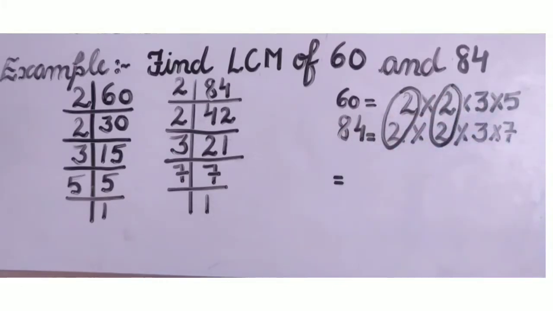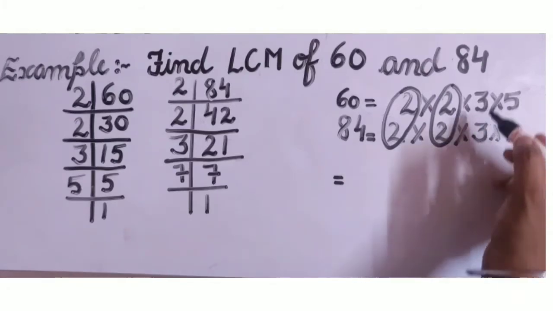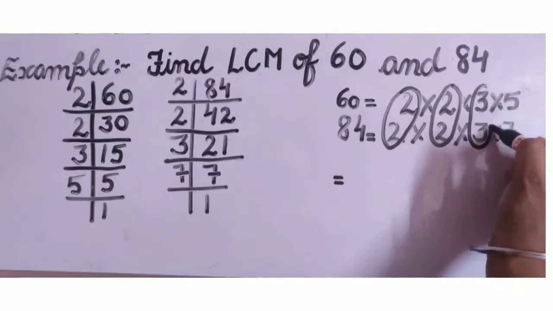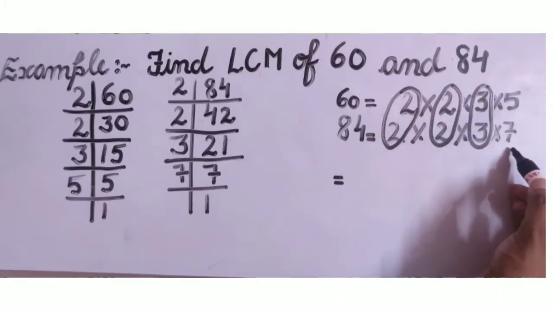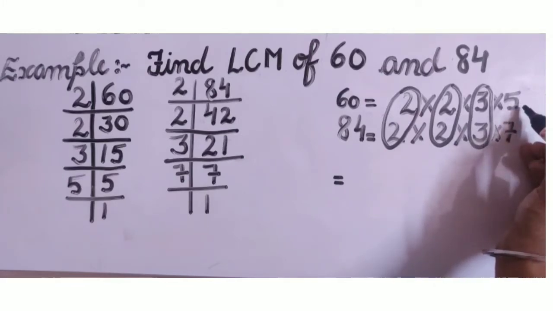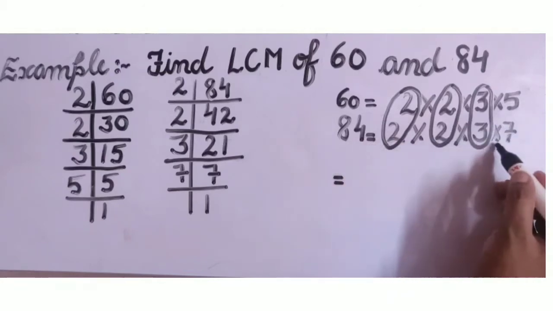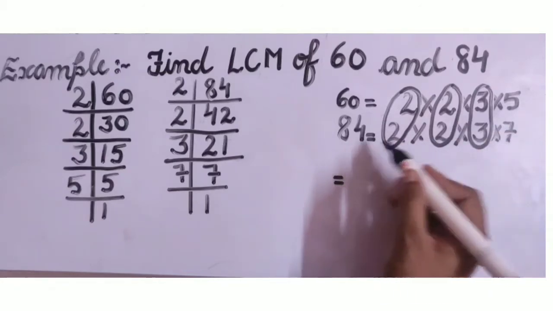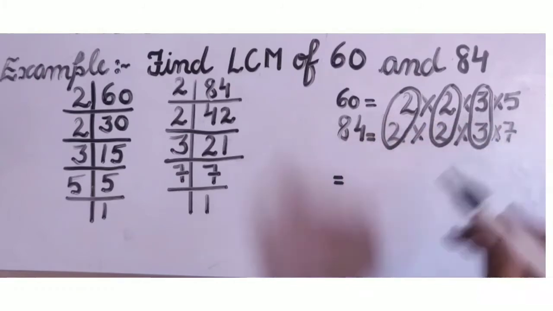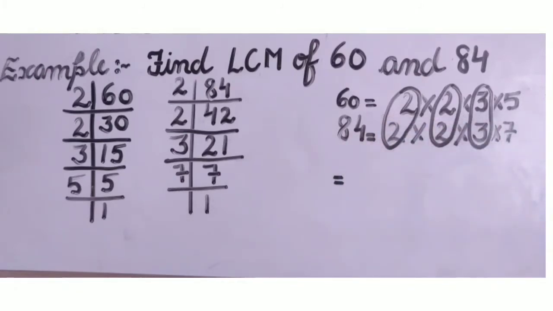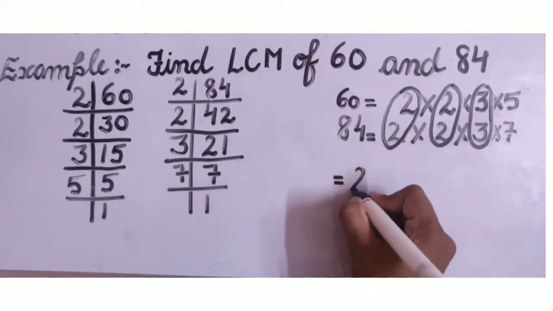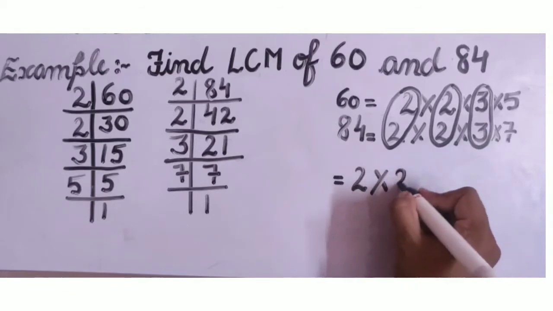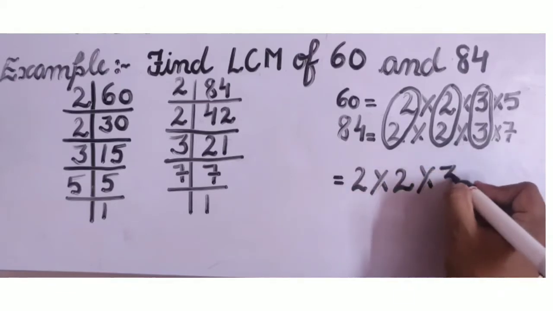Let's check for the third factor. 3, 3. Yes, it is also same. Now check student. Is there any other factor which is common and which I have not circled? No. 5 is there in 60, but 5 is not a factor of 84. 7 is a factor of 84, but 7 is not a factor of 60. So how many common factors are there? 3. 2, 2 and 3. So we will write 2, 2 and 3.